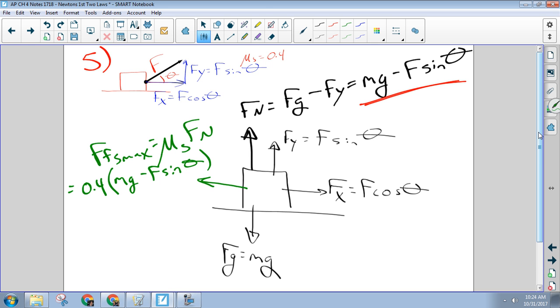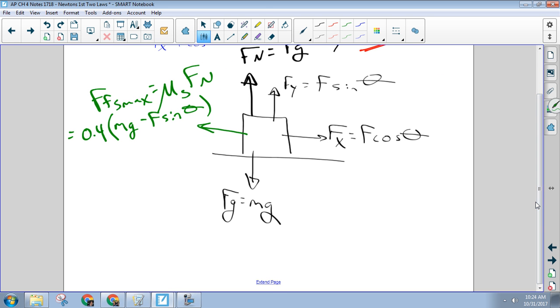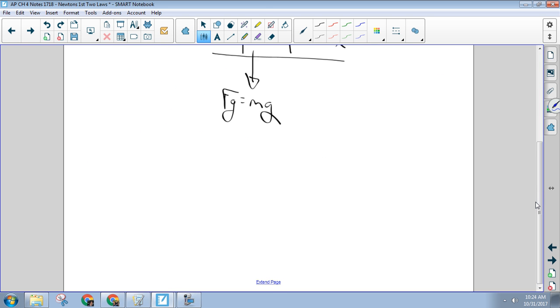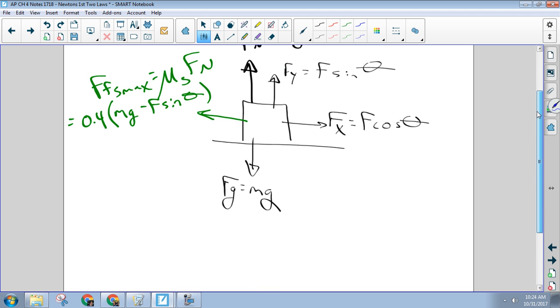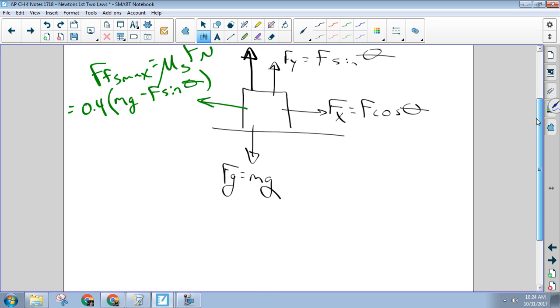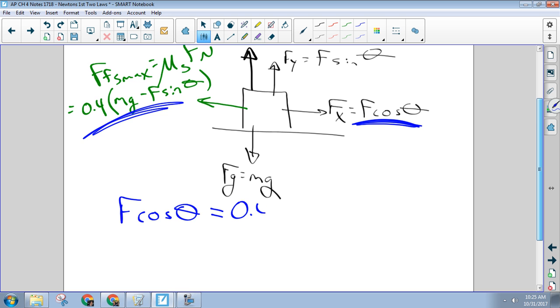So to get this thing moving, I need this force to be at least as big as this force. So I need my F cosine theta to be at least as big as my static friction max.